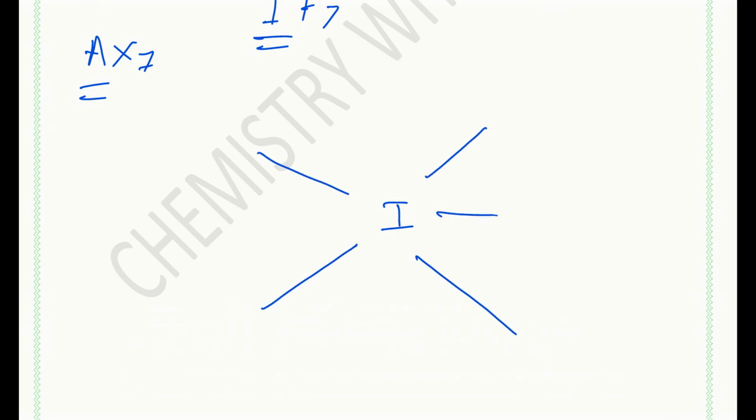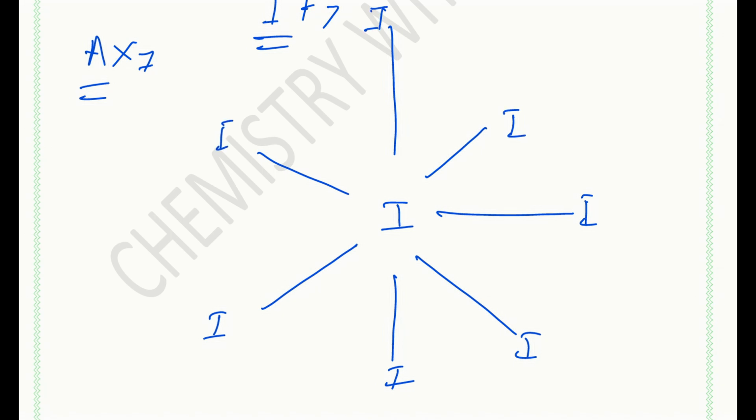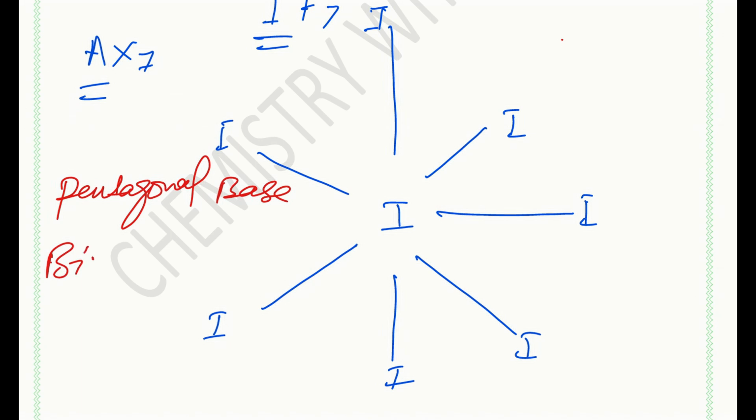This is the base, and I, I, I, and I, right? It's called pentagonal base bipyramidal shape.